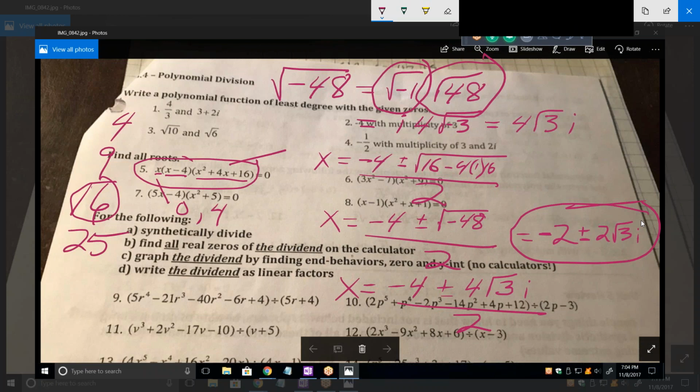And that is the main reason why you don't generally take those irreducible quadratics all the way down to their imaginary numbers. But if they want the roots listed, they didn't ask for the factors. They want the roots. So another one is going to be minus 2 plus 2 root 3 i, and then minus 2 minus 2 root 3 i. So those are the 4 roots.